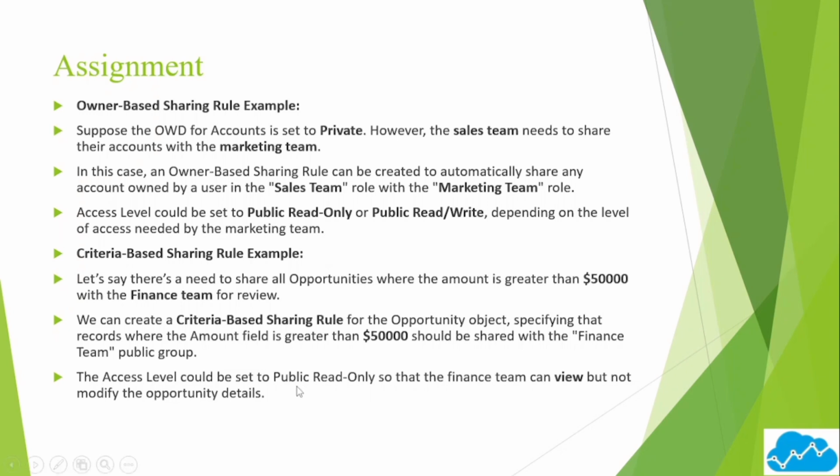If we provide public read write, in that case finance team users can also modify that record. So in this scenario we have to go with public read only. So let's do the practical for the same.